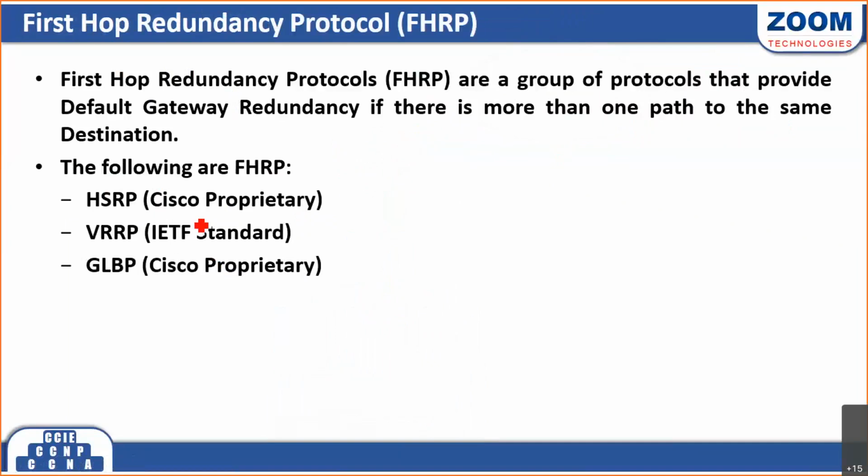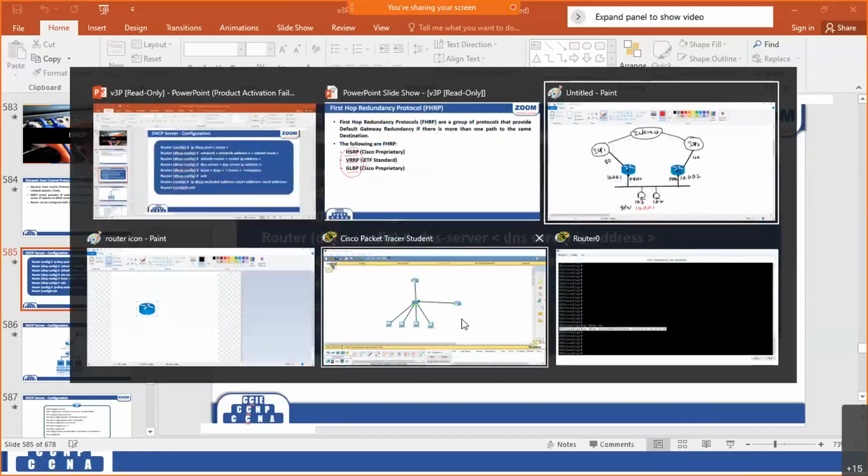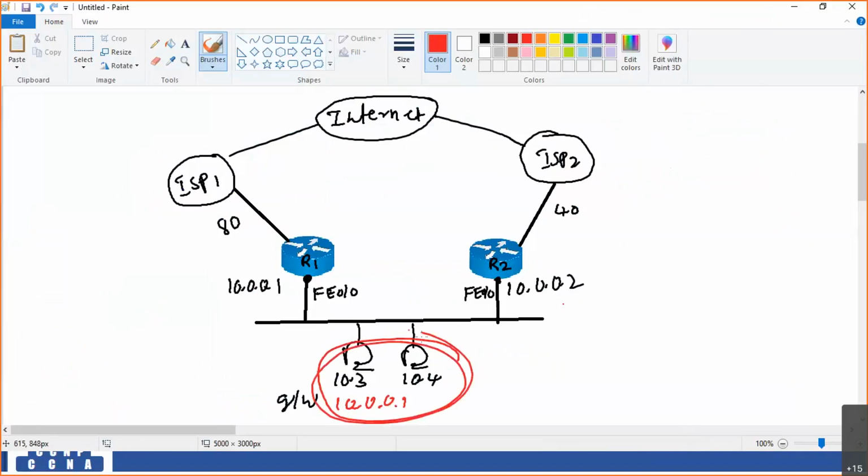The following are FHRP protocols: HSRP, VRRP, GLBP. These protocols will manage this gateway issue problem.